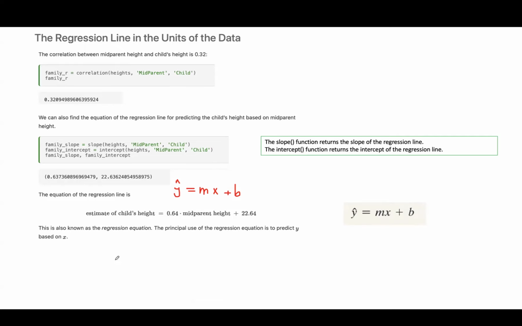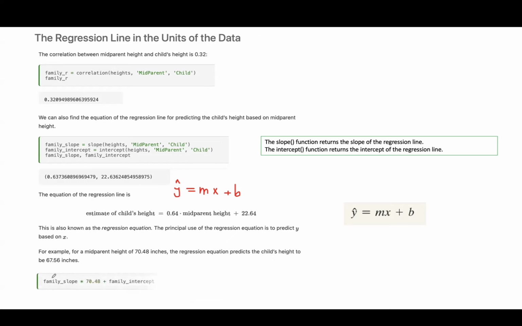We are using a regression equation, which helps us predict the y value using x. For example, for a mid-parent height of 70.48 inches, the regression equation predicts the child's height to be 67.56 inches.